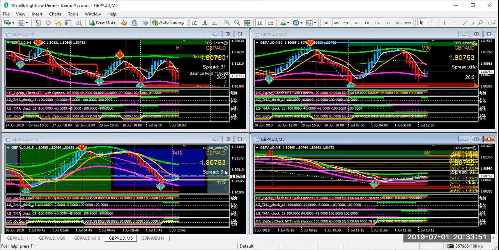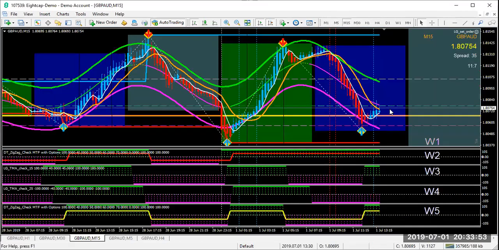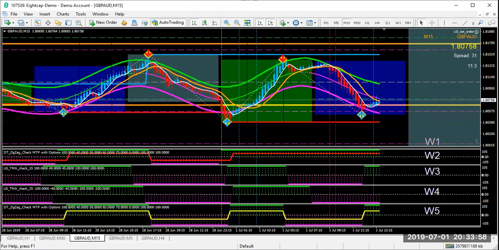So this is certainly what it can be doing. If that's the case, the only place it could go is really to be attracted to the channel line or the profit target.